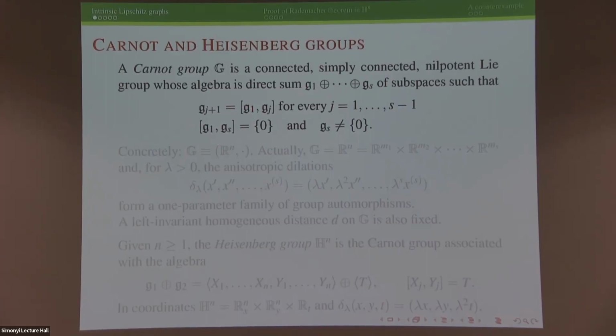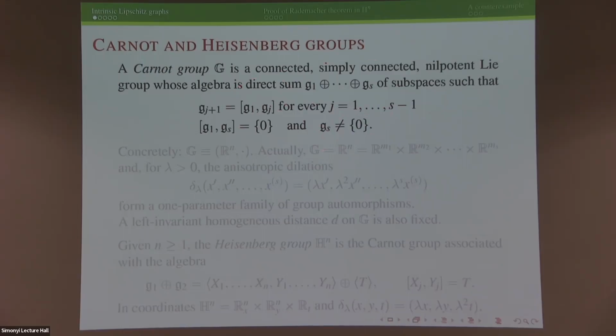Stratification means that every layer Gj is linearly generated by commutators between elements in the first layer G1 and G_{j-1}. So in particular, G1 generates the algebra under Lie brackets. The last layer commutes with G1 and so also with the whole algebra, and it's not zero. This number s is called the step of the group or the step of the algebra.